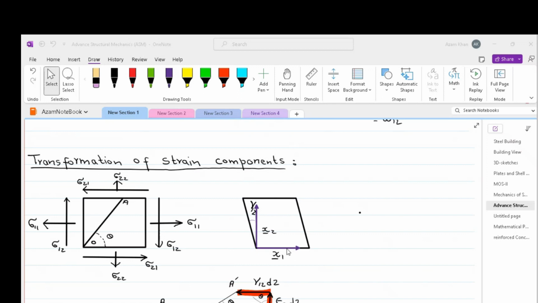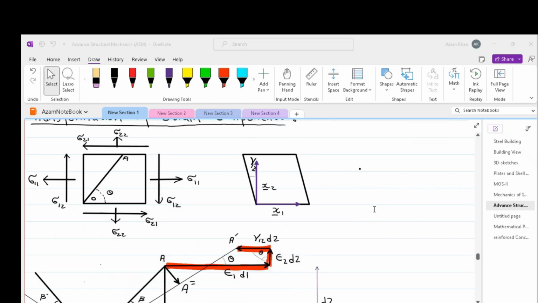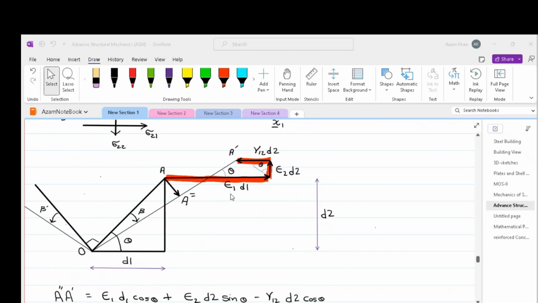Our coordinate axis, which is shown in purple, corresponds to the left corner of the element, or in other words, the coordinate axis has its origin at the left corner of the element. The effect of these strains on any line element OA is shown in this figure.